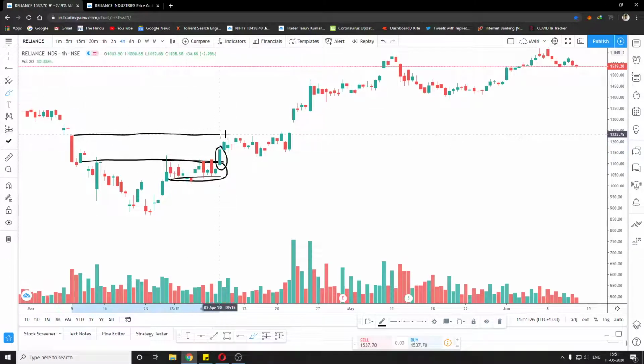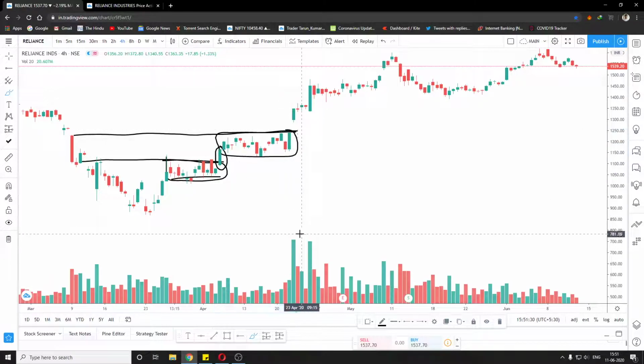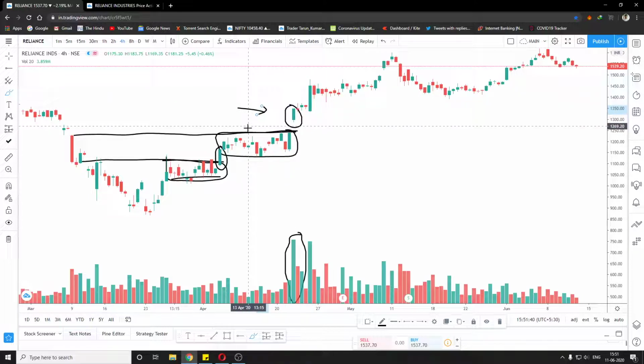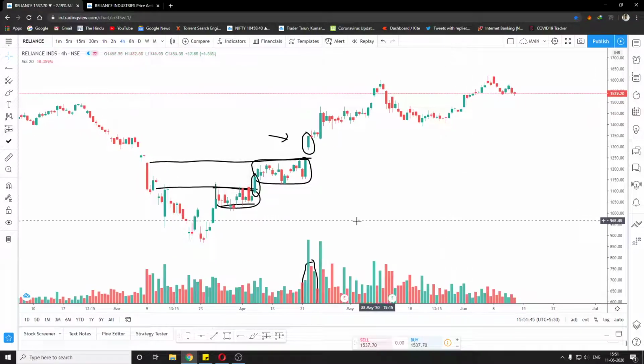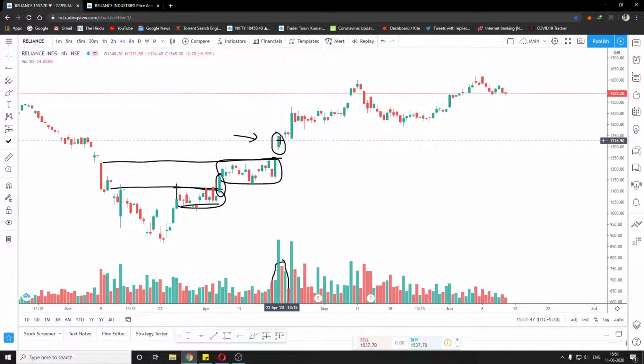Then we developed another range, and then we had a breakout. Look at this candle. This is a huge candle, and we get a gap up of 8% in this candle. So this means that the buying pressure is good. This is a good candle because the 8% move is supported by the volume.